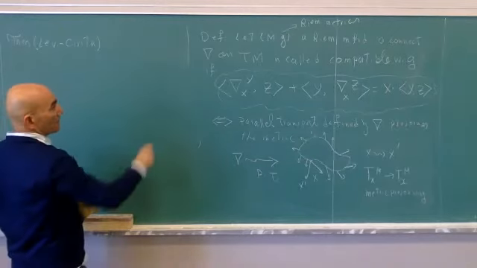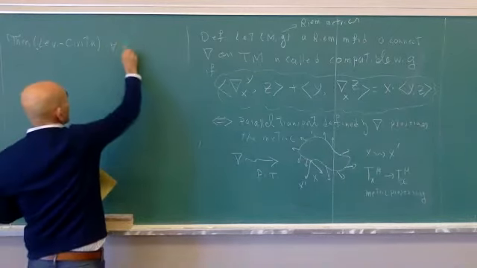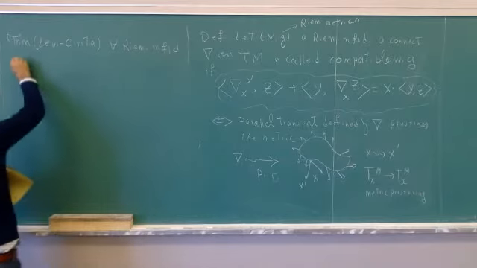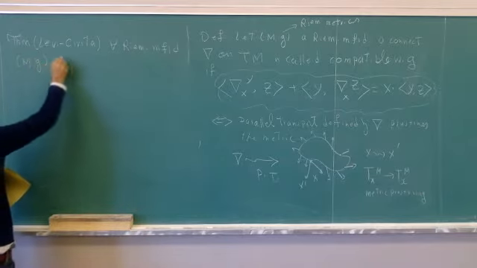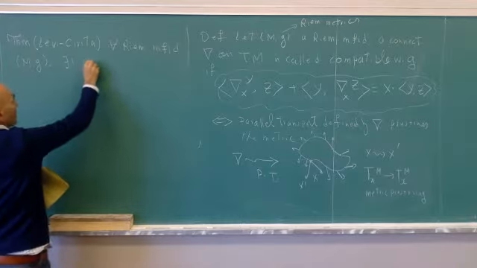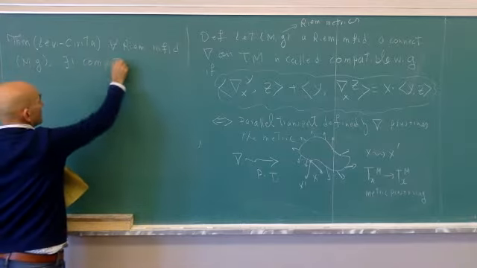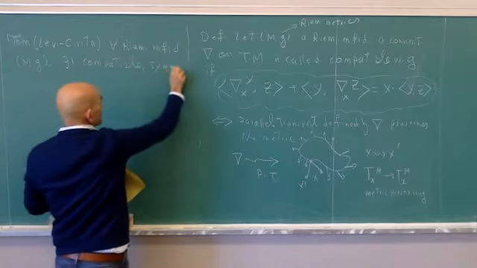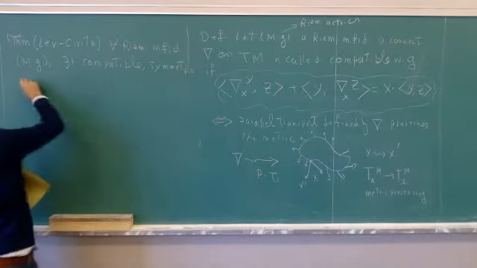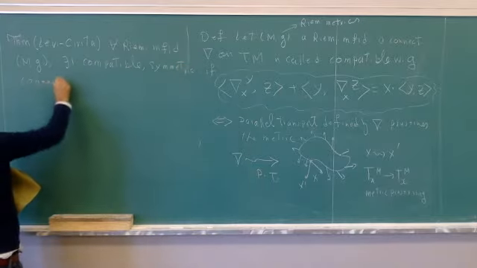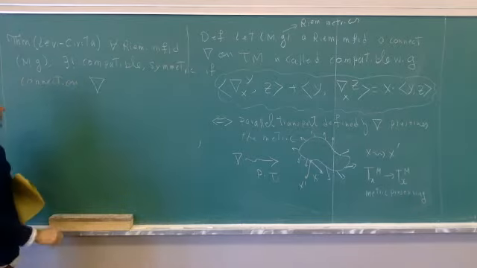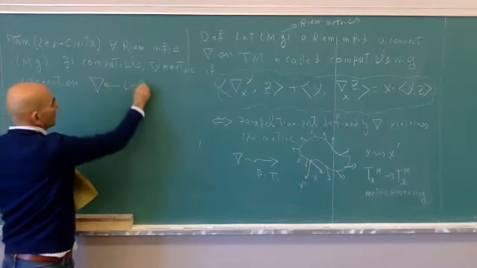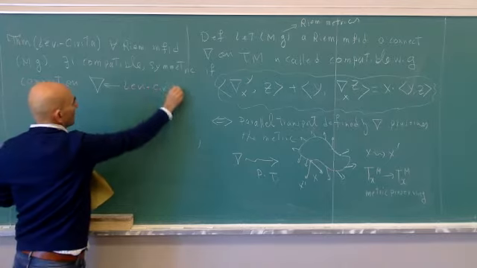For any Riemannian manifold (M, g), there exists a unique compatible symmetric connection, nabla. So this nabla is called the Levi-Civita connection.